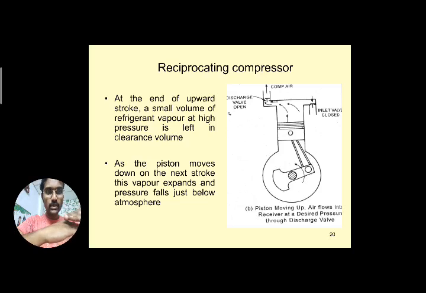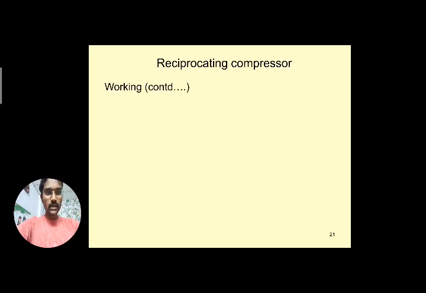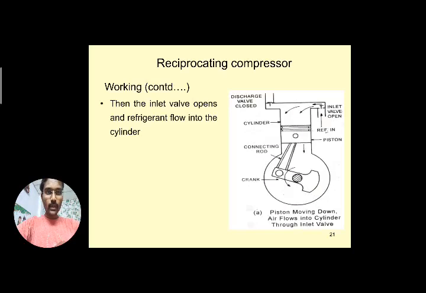The volume at the top reduces, and the refrigerant remains in a smaller quantity but at high pressure. Whenever the piston comes downwards again, the volume expands, the refrigerant expands, and the volume becomes larger. Again the pressure falls below the atmospheric pressure. Next, the same cycle repeats.